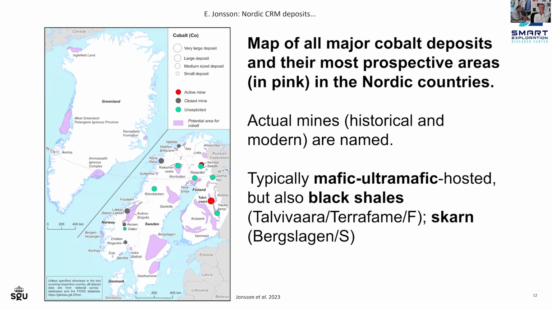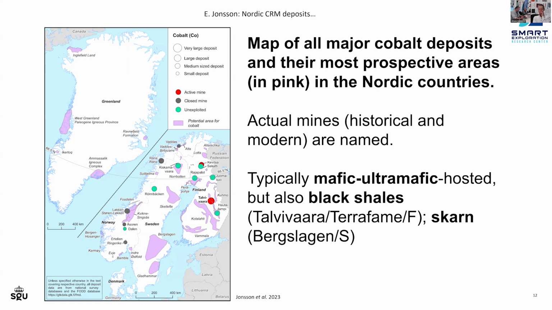But any major cobalt deposit in the Nordics is typically mafic or even ultramafic hosted, with some marked exceptions, and one of them is, of course, the so-called black shales. Black shales are typically known from the Phanerozoic, but we also have metamorphosed black shale equivalents.